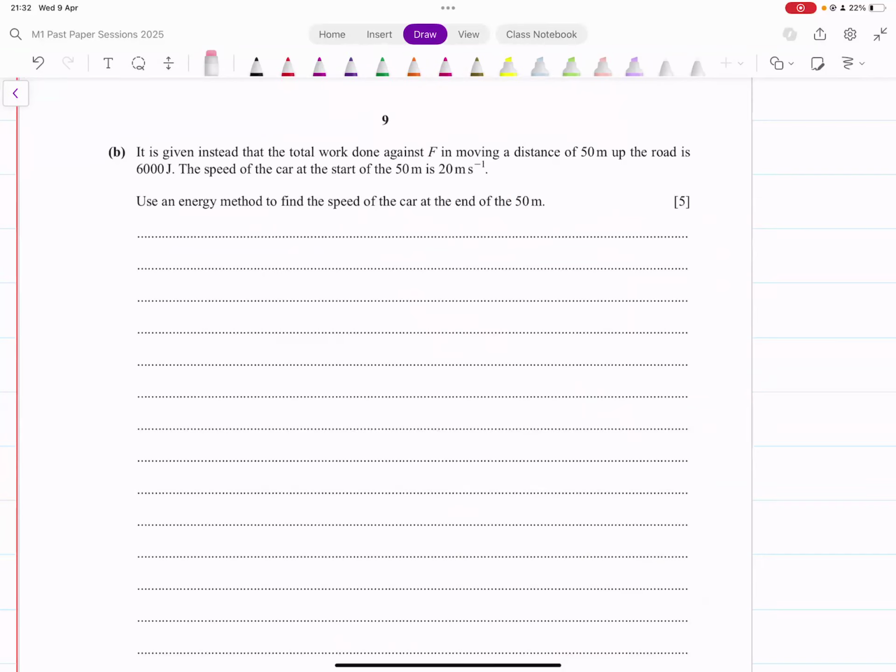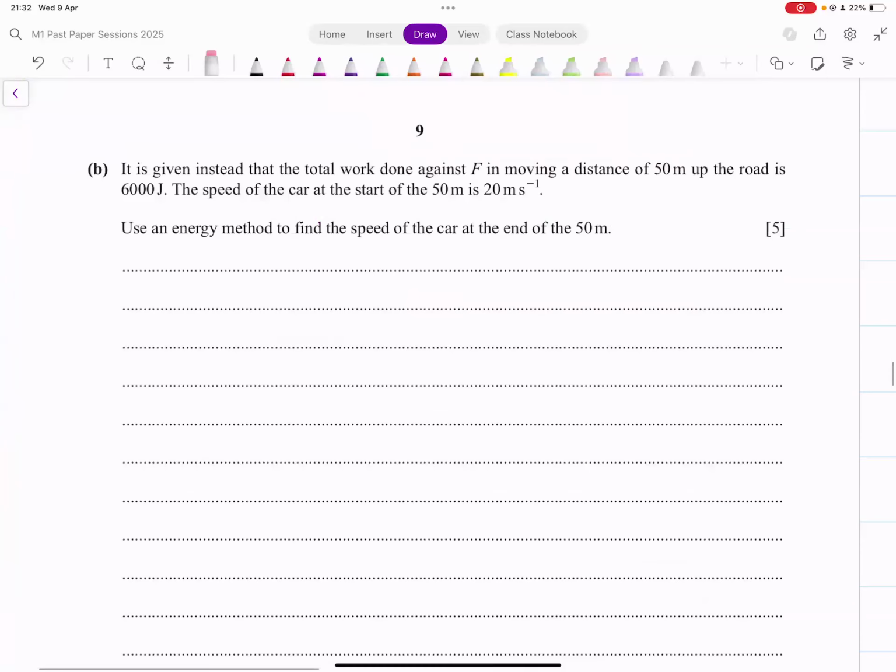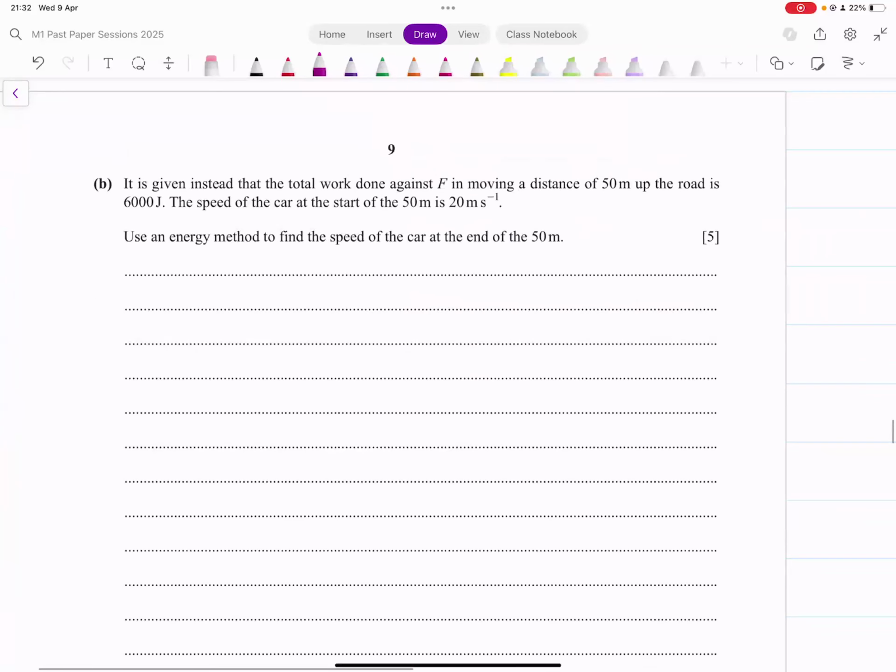Okay, now whenever they say energy method, what they mean is the work energy principle that looks like this: work done by the driving force that is equal to change in kinetic energy plus the change in potential energy plus work done against resistance. Now, some of you would have done some variation of this. You would be used to writing it some different way. That's perfectly okay. There are a number of different ways of writing this.